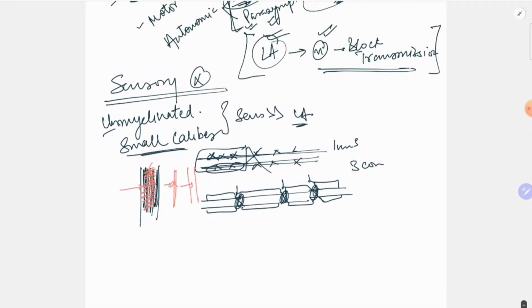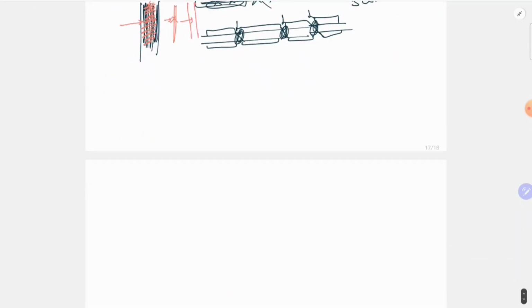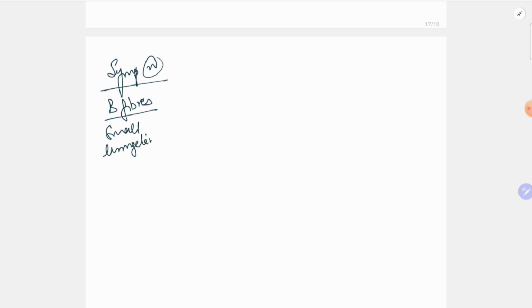So what happens is that your sympathetic nerves, which are the B fibers, which are small and unmyelinated, being the most sensitive, get blocked first.